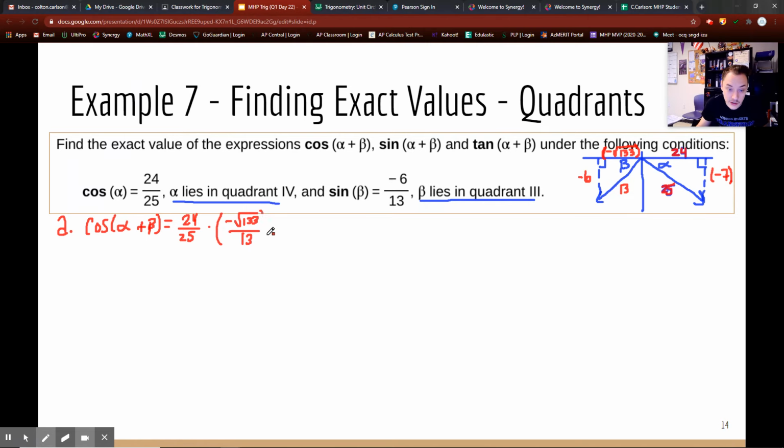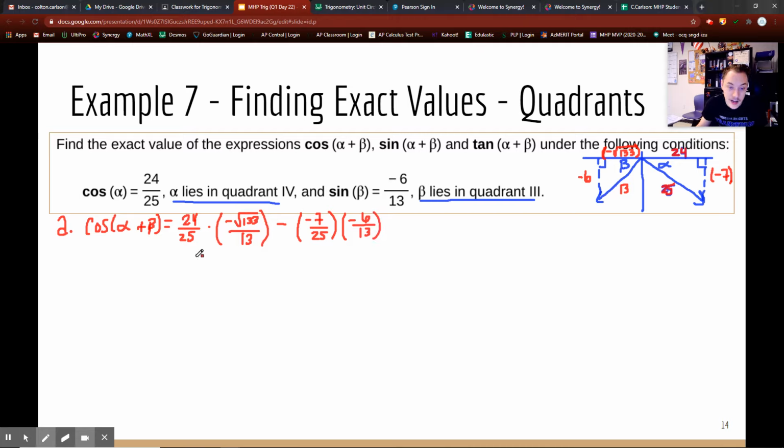I highly encourage you to try to do this yourself, though, without the video, but I am going to do it pretty fast. And then sine of alpha right here is going to be -7 all over 25. And then, of course, sine of beta is already something that I have, -6 all over 13.